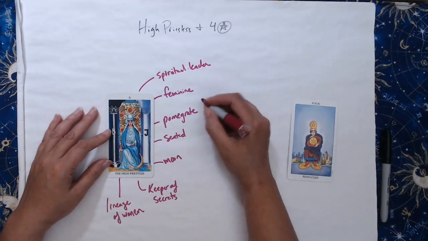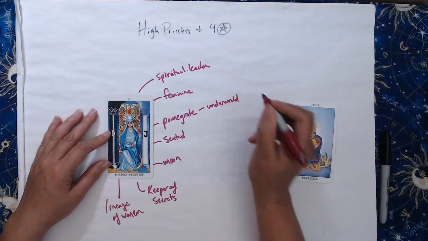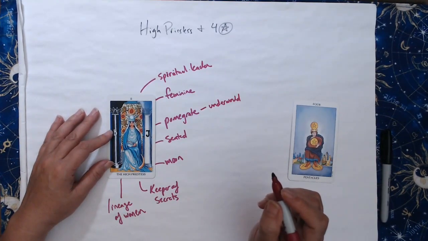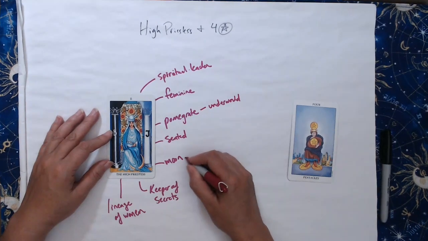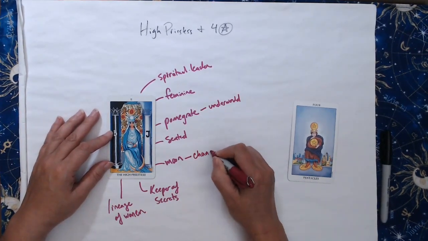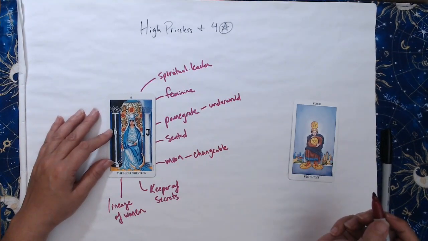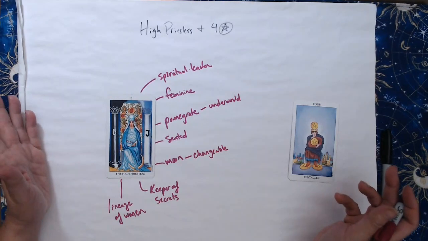The pomegranate has to do with the underworld. The moon has to do with changeability. Let's just put changeable. Okay? So that's probably enough for that.